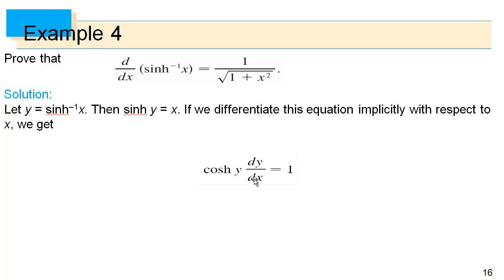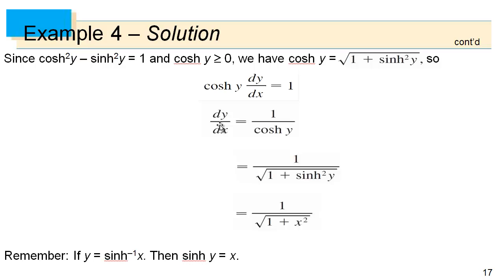So now solving for dy/dx, it's just going to be 1 over cosh of y. Well, since cosh squared y minus sinh squared y equals 1, and cosh of y is greater than or equal to 0, we know that cosh of y equals all of this stuff.